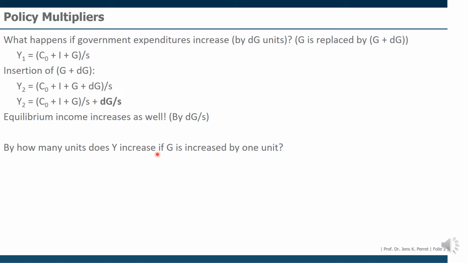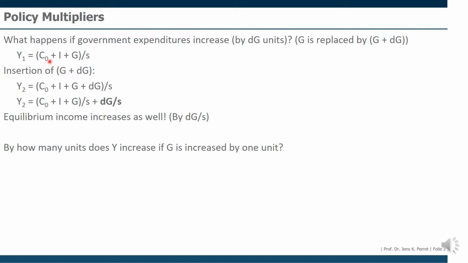So here we're only talking about 1 unit changes. The advantage of asking this question is that it is nothing else than the derivative of y with respect to the variable G.